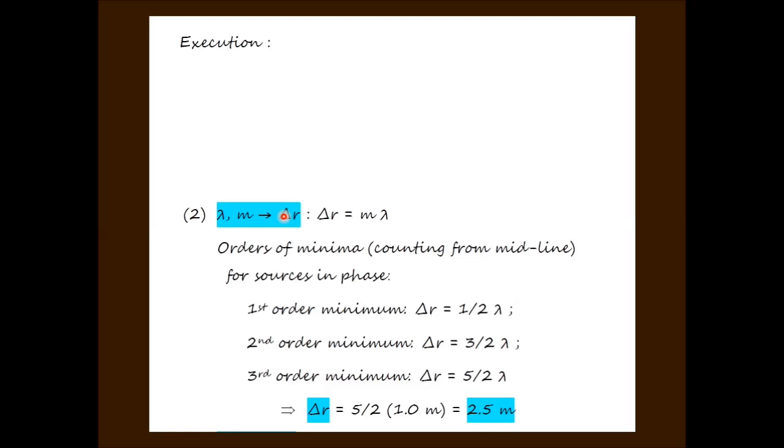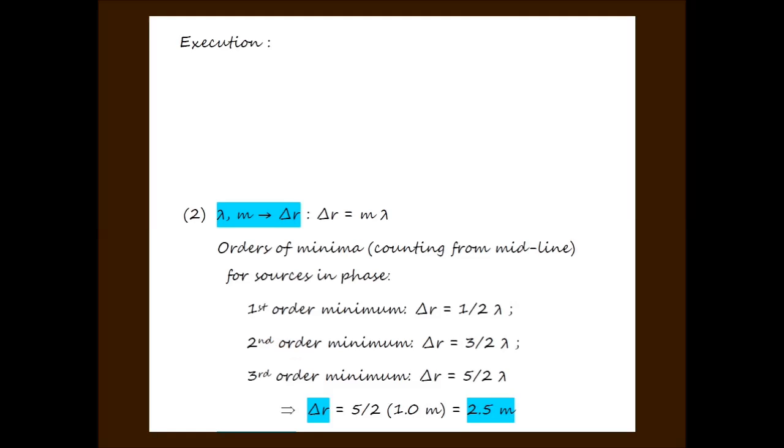At the next step, we use delta r is equal to m times lambda. Now we're not given m explicitly, so we have to determine m from the information that we're given. We're told that we're looking for the third order minimum. So going through our various possibilities for m, we recall that for sources in phase, the first order minimum corresponds to m is equal to 1/2.